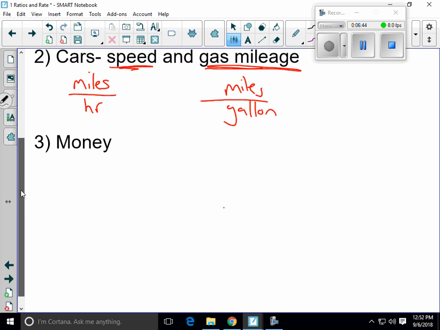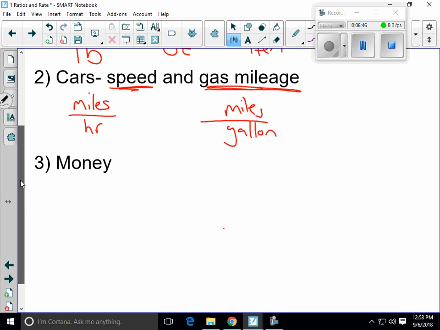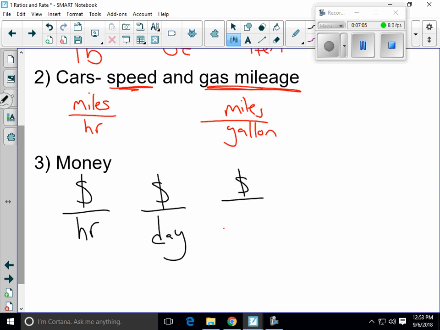Right, and another common ratio and rate that we'll have to be familiar with is when you start getting paid. A lot of jobs get paid by the hour. So you can say, how many dollars per hour do you make? You may see jobs that get paid by the day. How many dollars per day? You can talk about how much you make in a week, and sometimes you say, how much do you make in a year?